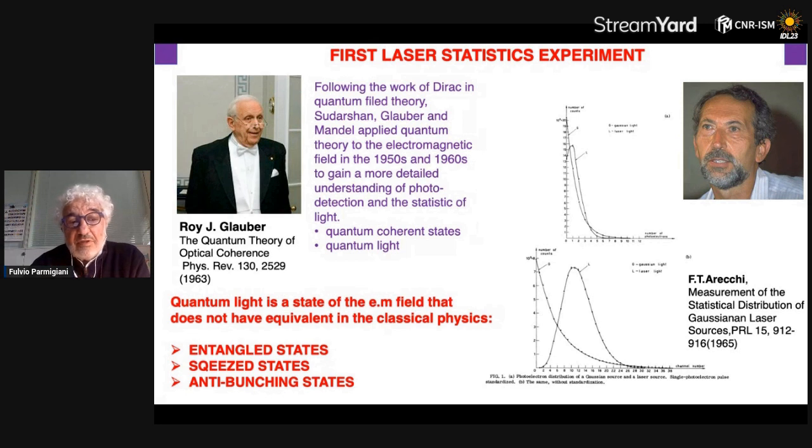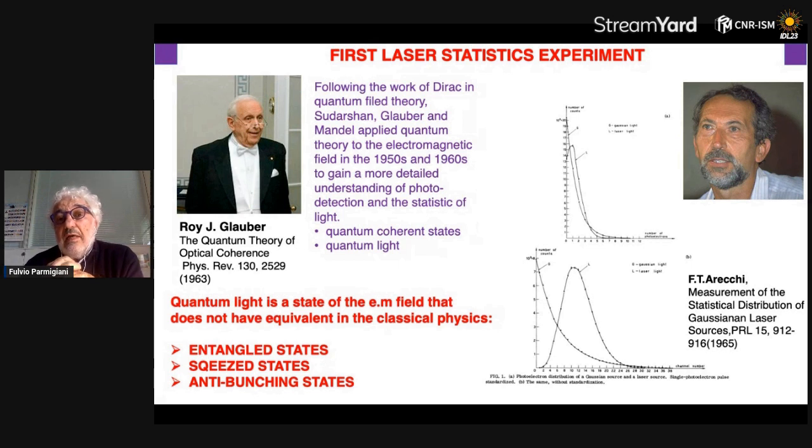Before, of course, getting to these very special states of the light, we need to understand a previous step about the statistic of this light. And this was done for the first time by Arecchi, and he and his co-workers measured the statistical distribution of a Gaussian laser source.